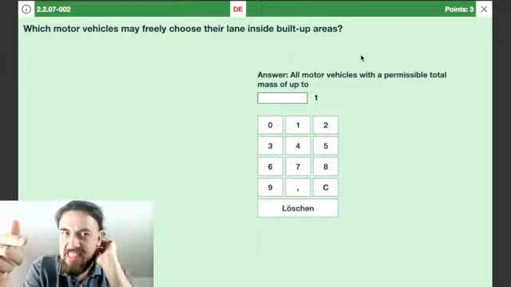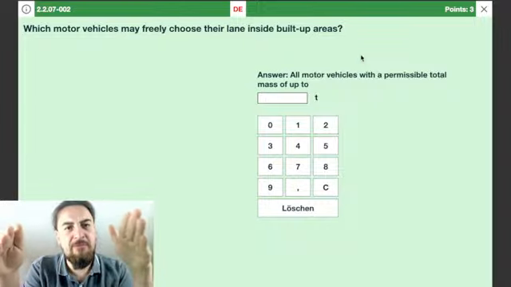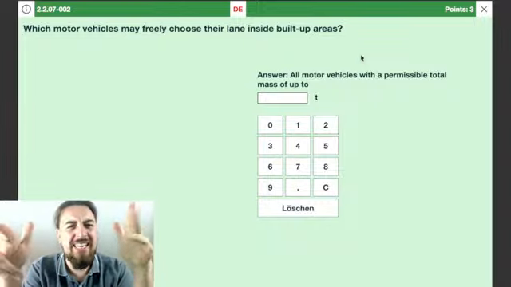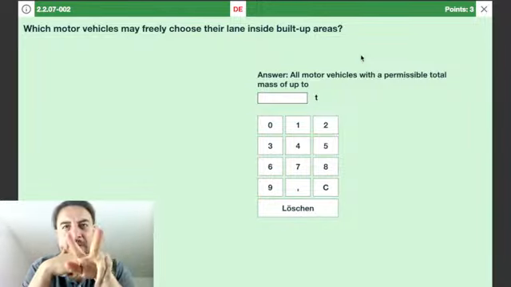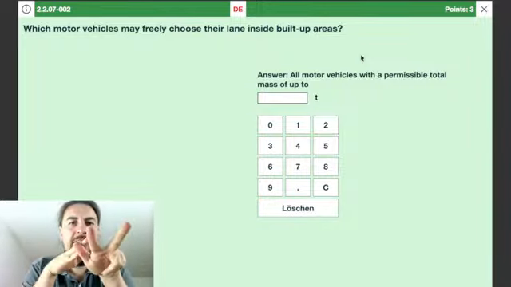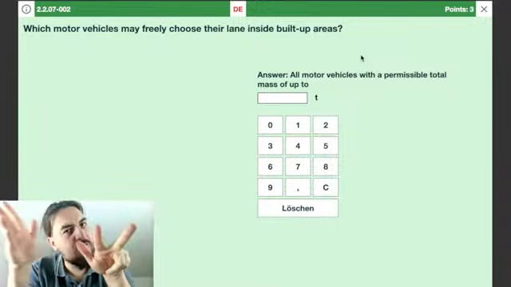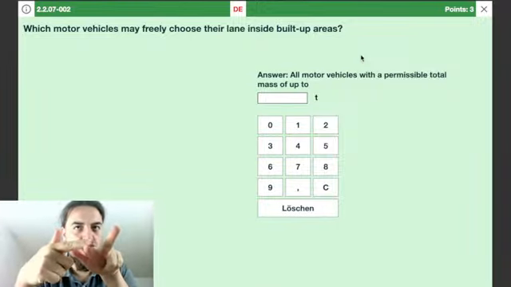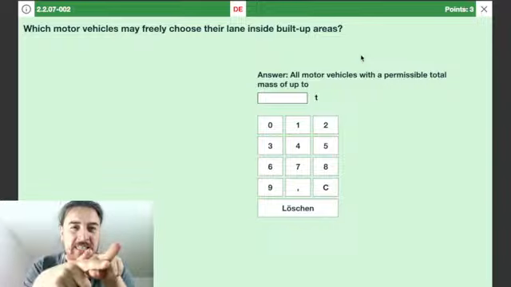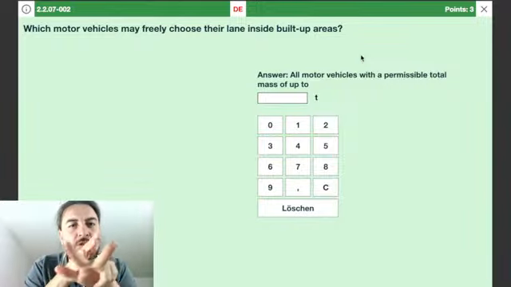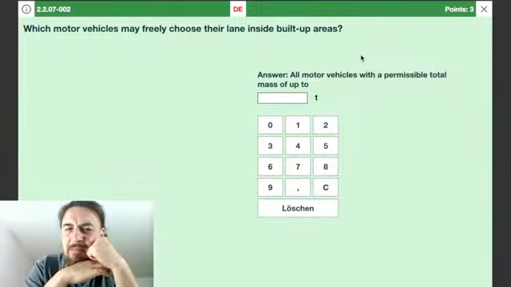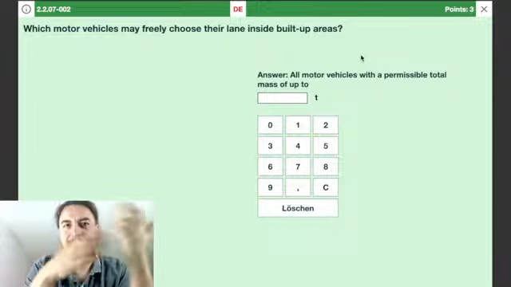Let's do it step by step. So you have 2 lanes or 3, and you remember outside you have to stay on the right one just if you want to overtake, but inside the village you can freely choose. So which vehicle might freely choose?